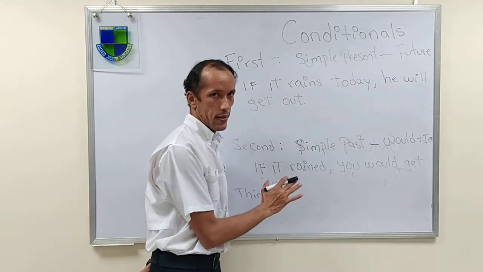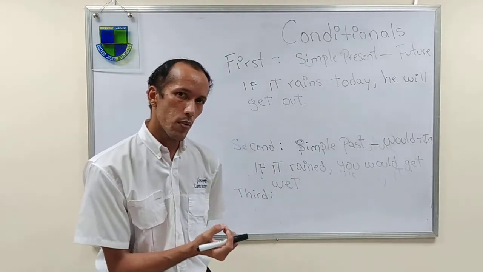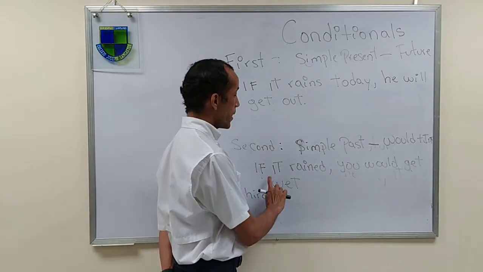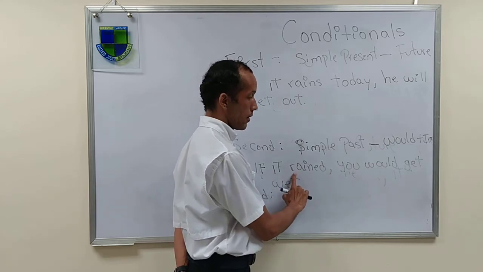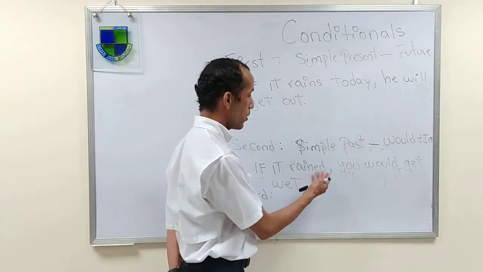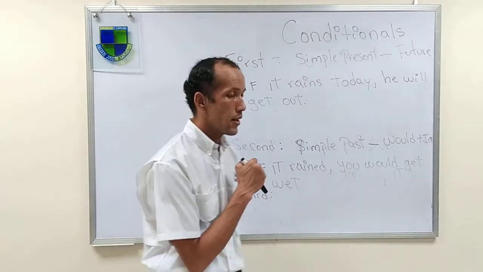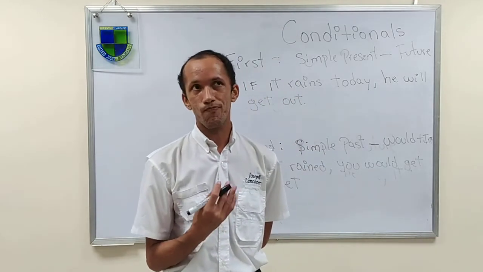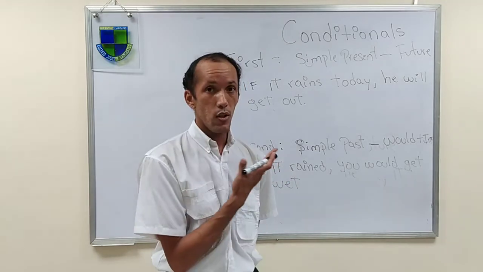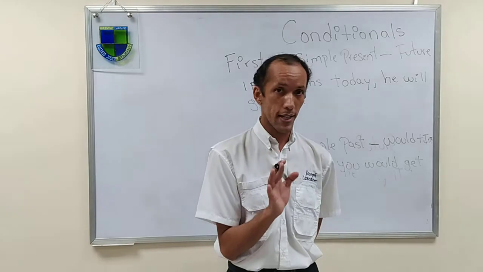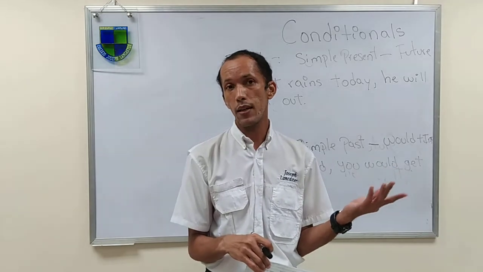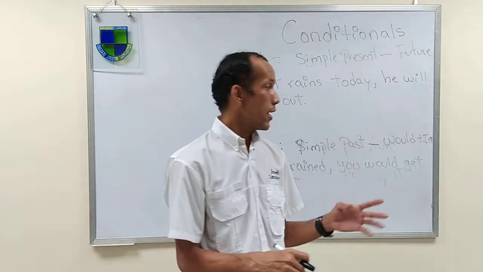In this sentence, it can be impossible to happen or improbable. Why? Because, si ha llovido, tú te mojarías. Si ha llovido, tú te mojarías. O si llueve, te mojarías. But it is not necessarily right, because probably if it rained, you could get wet, or you could not get wet, because probably you are prepared for the rain and you have an umbrella or a raincoat.